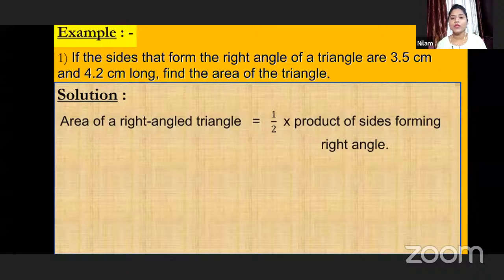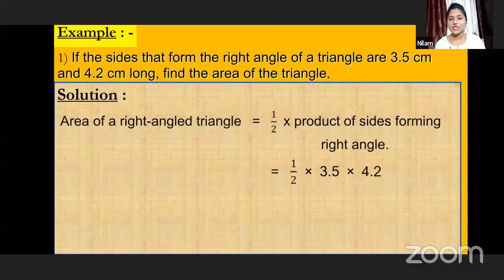So we will put these values in the formula and we will find out the area. See, half times 3.5 and 4.2. The decimal point is given, so don't forget to put the decimal point.